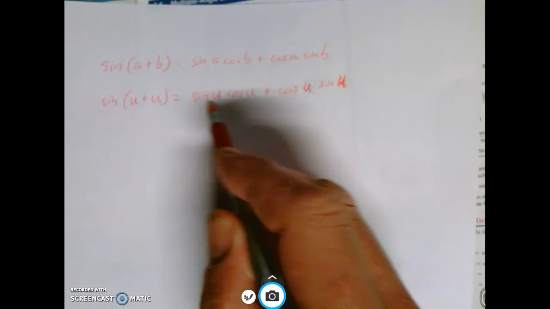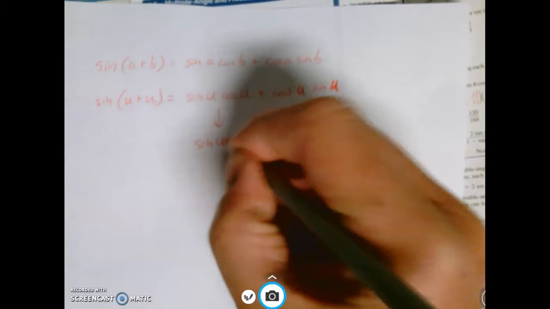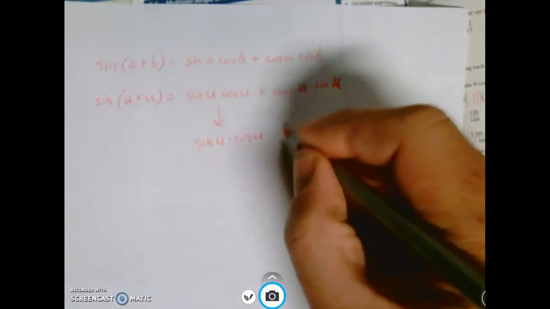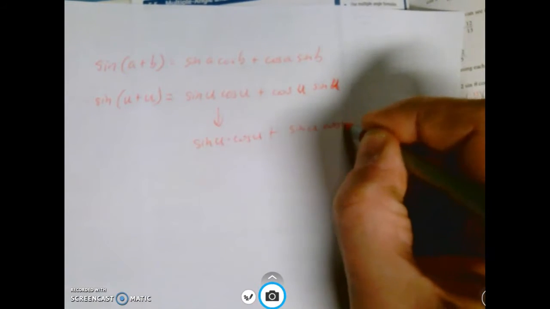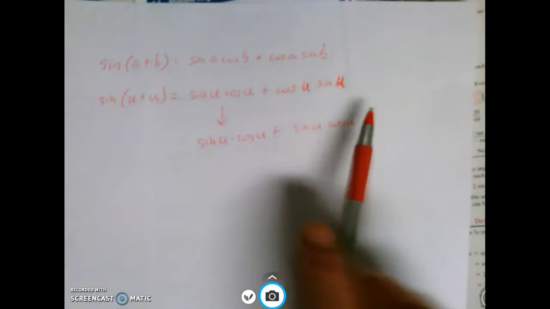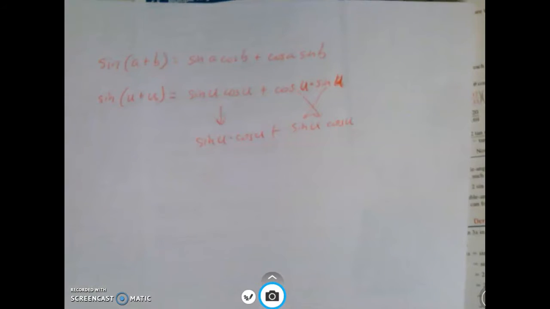Well, sine u, cosine u means sine of u times cosine u. Cosine u, sine u means cosine of u times sine u. It's the same thing. I just switched the order here. Since it's times, it's like 3 times 4 is 4 times 3. That's all we did. Cosine times sine is sine times cosine. I just changed the order.